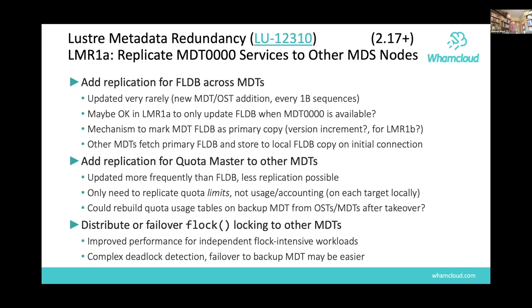One of the critical functionalities of MDT0 is the FID location database, FLDB. That's really the core data structure that tells clients and all of the servers which FID sequence ranges are managed by which servers.